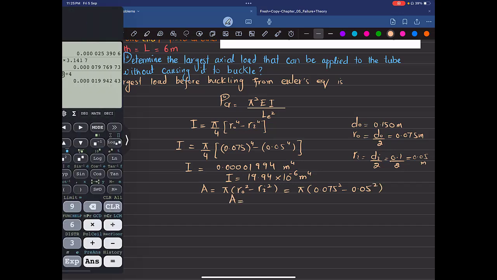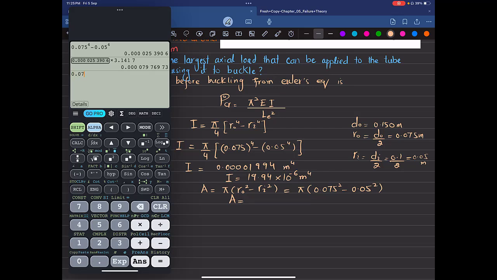Now we will solve this. 0.075 square minus 0.05 square is 0.003125 times pi, and we can also write it as 3.125 into 10 to the power minus 3 multiplied by pi, and the unit will be square meter.